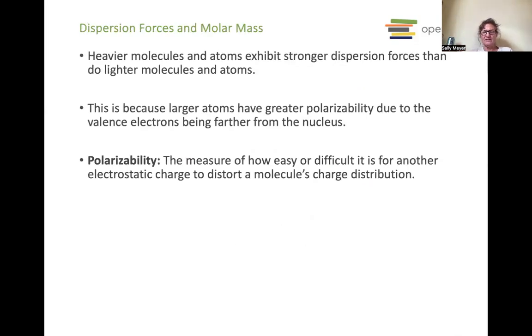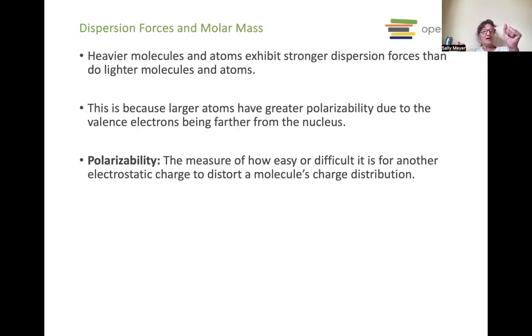So heavier molecules and atoms will exhibit stronger dispersion forces than lighter molecules and atoms. This is because larger atoms have greater polarizability due to the valence electrons being farther from the nucleus. So polarizability, if you think about something like a helium atom versus a xenon atom, they both don't have dipoles, they're just neutral atoms.